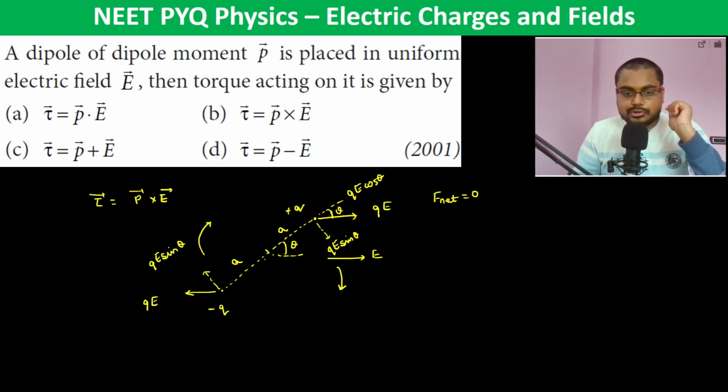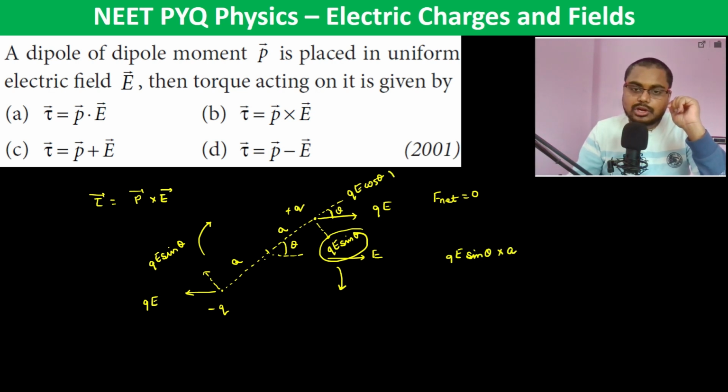the component of the force. The component of this force which is going to produce a torque, since torque is R cross F, is QE sin theta into A. This other component will not produce any torque because it is acting along the R vector.